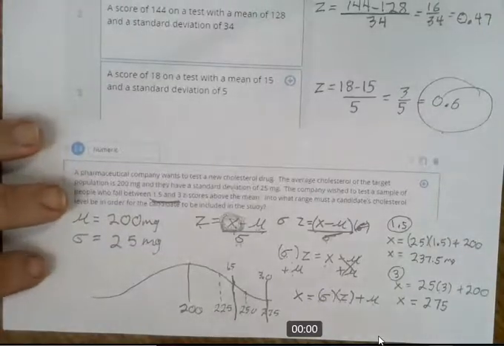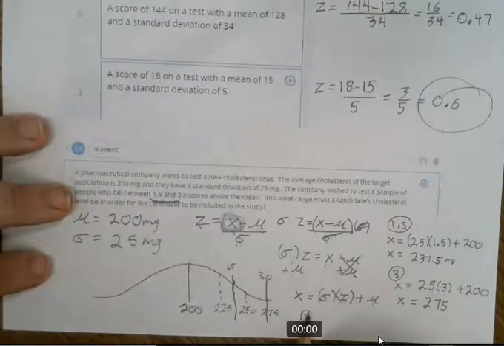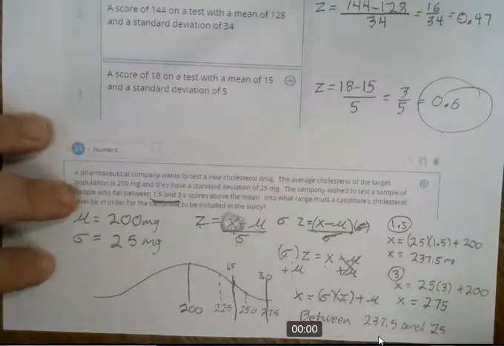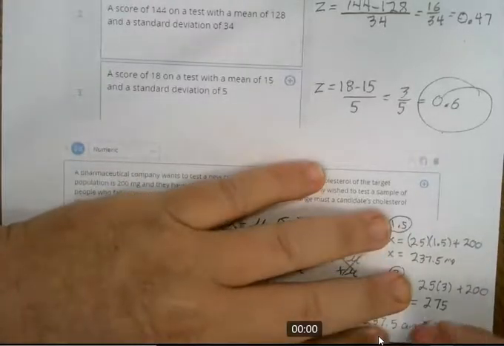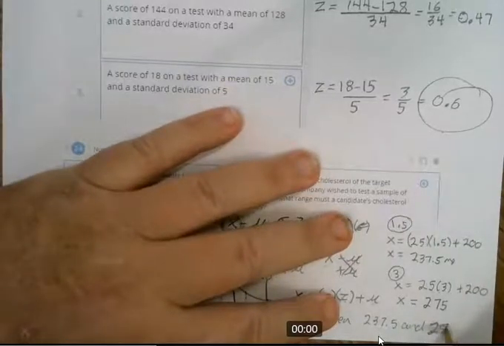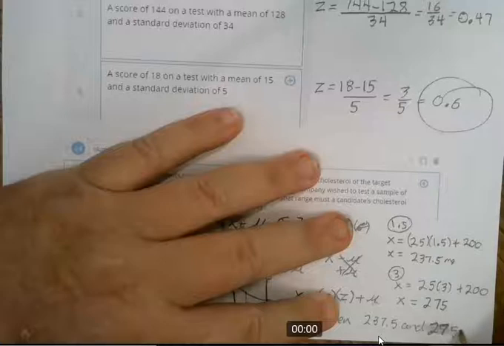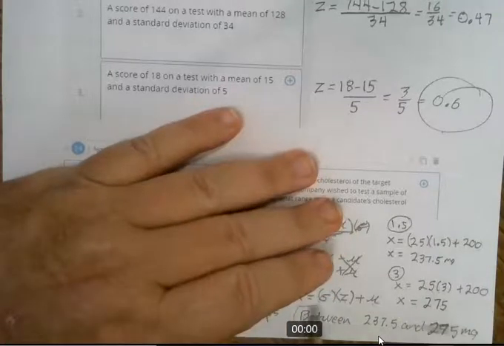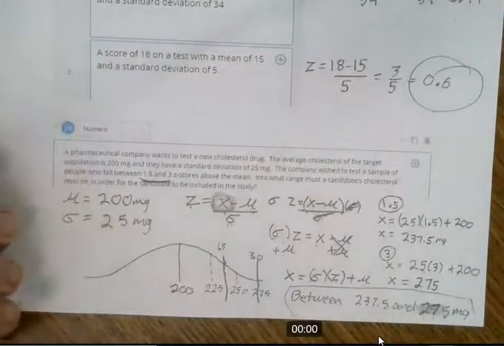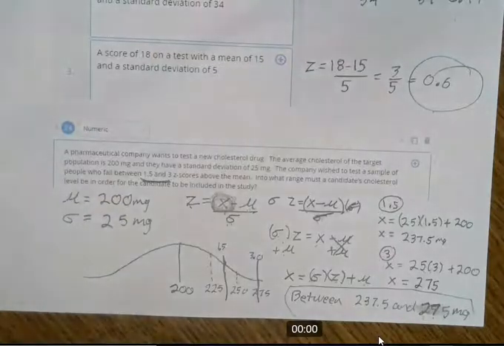So to be in the range they were interested in, I'm just going to abbreviate it down here, they would have to be between 237.5 and 275 milligrams of cholesterol. So there's your answer right there. 275. Okay? All right, let's keep going.